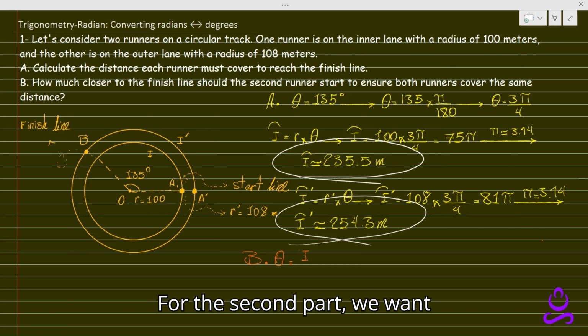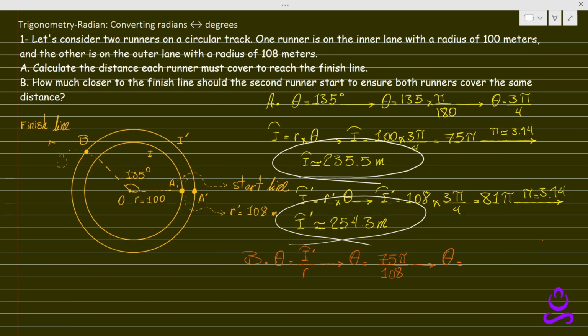For the second part, we want the outer runner to curve the same distance as the inner runner, or 75 pi meters. This corresponds to an angle of 126.5 degrees.